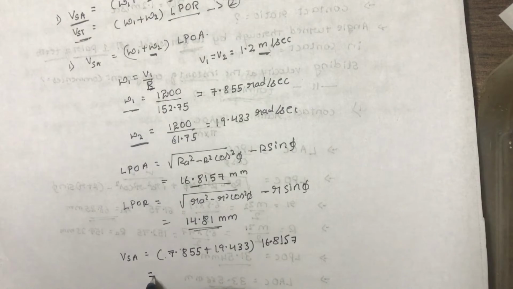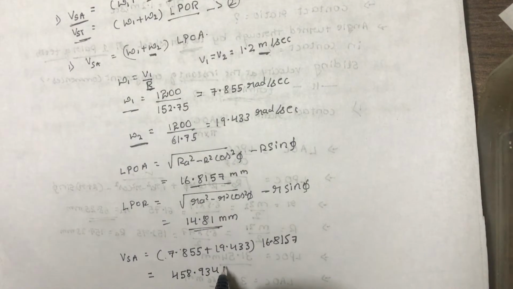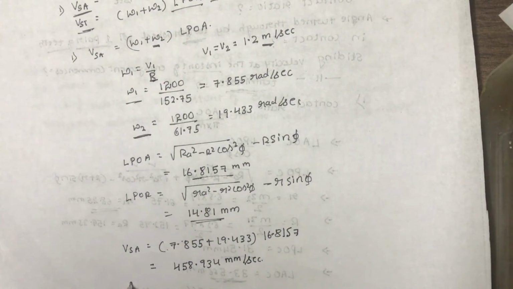So you will get 458.934 millimeter per second. All the values are in millimeter, so I get millimeter per second.